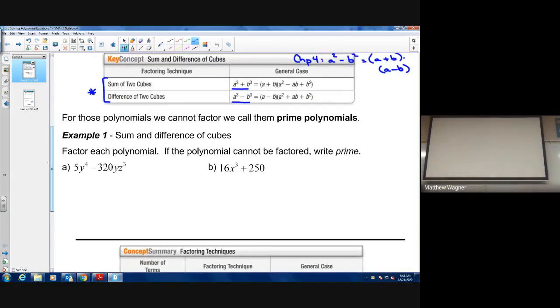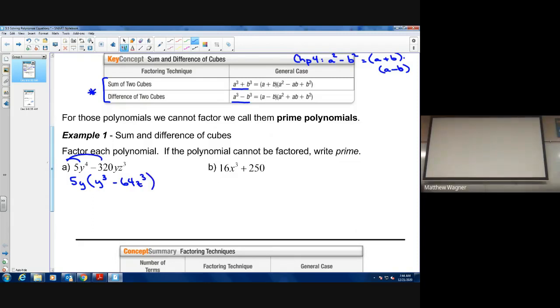But let's start. Remember, just like in chapter 4, when we want to factor, we want to look for the greatest common factor first. So I want to look at these two terms and see if there's anything common I can pull out first, which in this case, it looks like I can pull out a 5y first. And then I'm left with a y cubed minus 64z cubed.